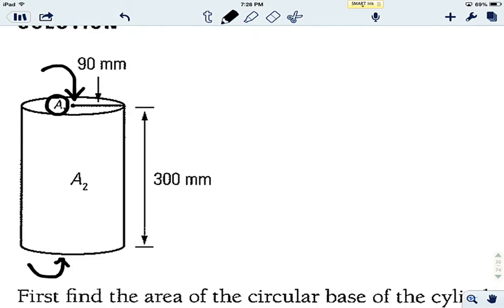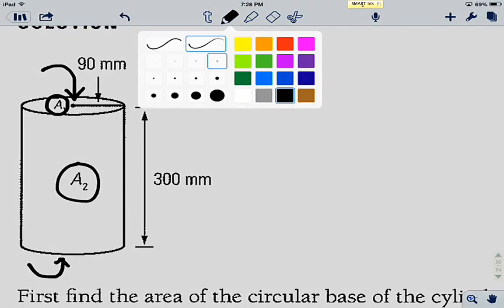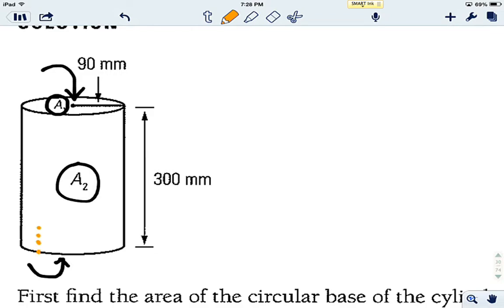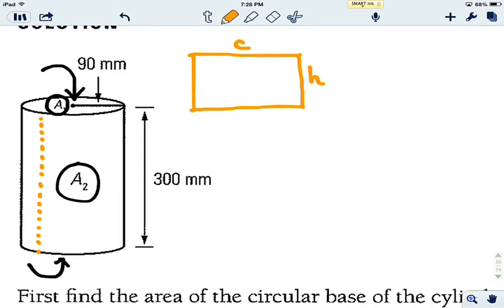We also have one area 2 right here, and this is the rectangle that is formed on the outside of a cylinder. If you imagine we took some scissors and cut the outside straight up like that, it would form a rectangle like this, where the top value is the circumference around the circle, and this value here is the height of the cylinder.